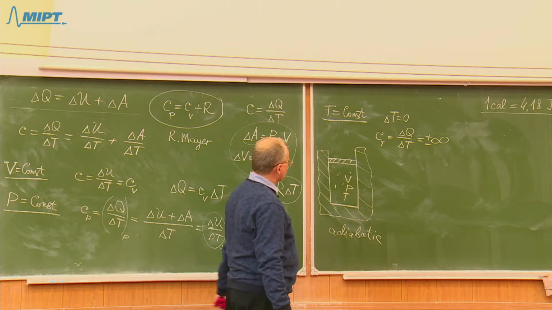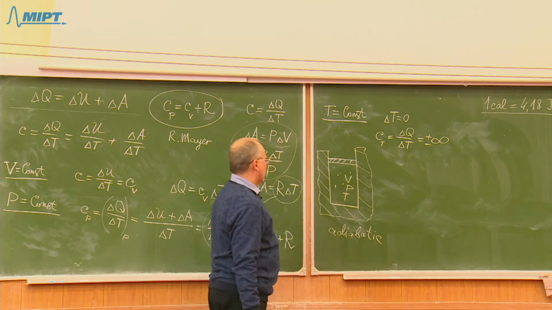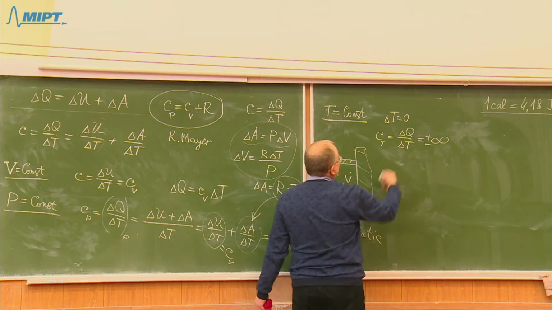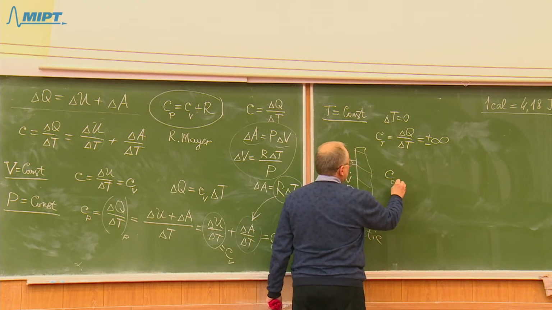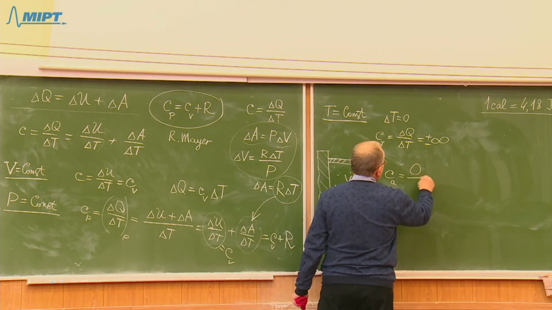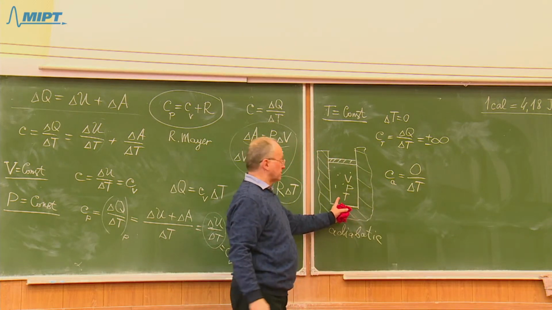What happens in this case? If there is no heat exchange, if the walls are impermeable for heat, then delta Q will be 0, and the heat capacity under adiabatic conditions will be 0 divided by delta T. Is it possible to change temperature in such a gas? Certainly.